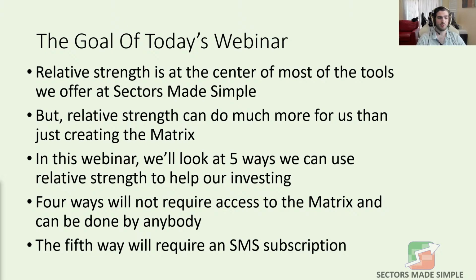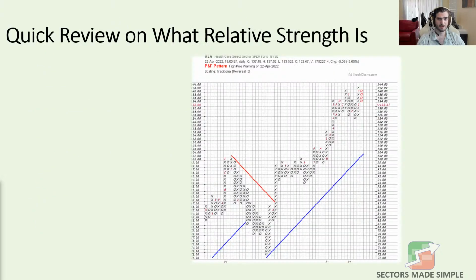Before we get into what these 5 methods are, the first thing we need to do is cover what relative strength is. So let's do just a really quick review. If you haven't watched that Back to Basics episode, you can still understand what we're talking about today and use these 5 methods with the information from only this webinar.